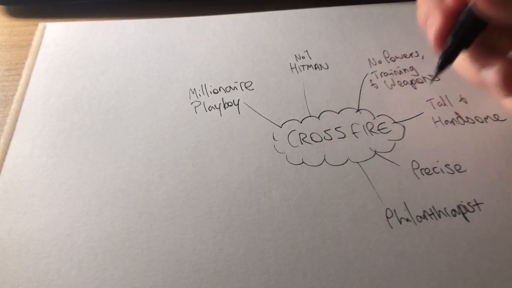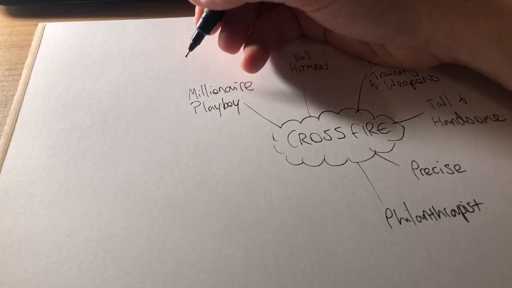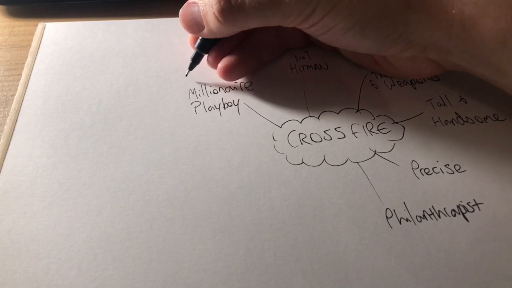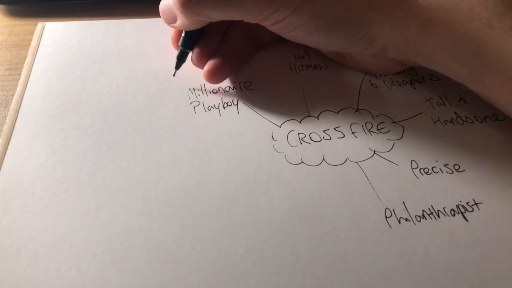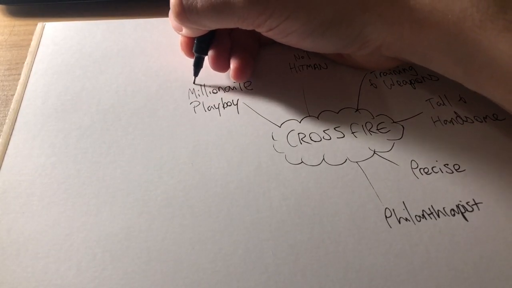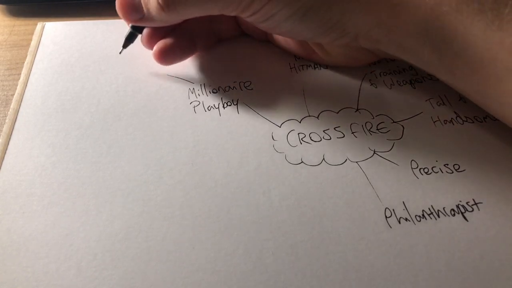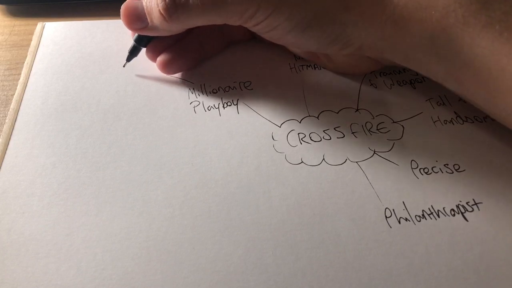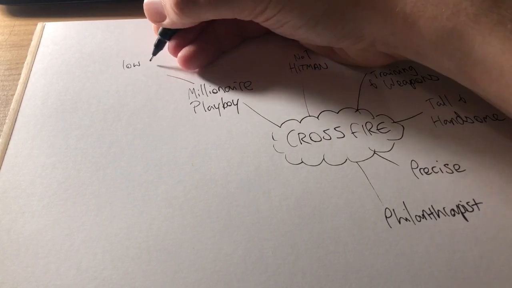So what we want is the opposite of these sort of things, or someone who is on par with them. A millionaire playboy. So what is the opposite of a millionaire? Well, it's a worker, isn't it? It's someone who doesn't get all the millions, someone from low income.